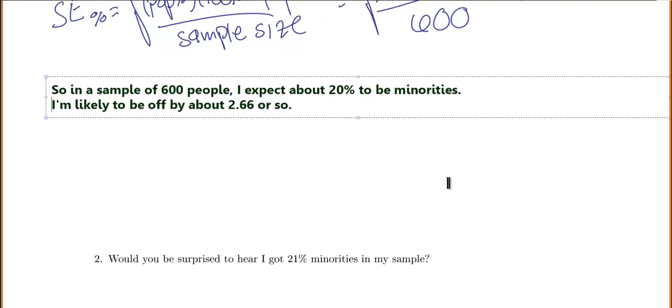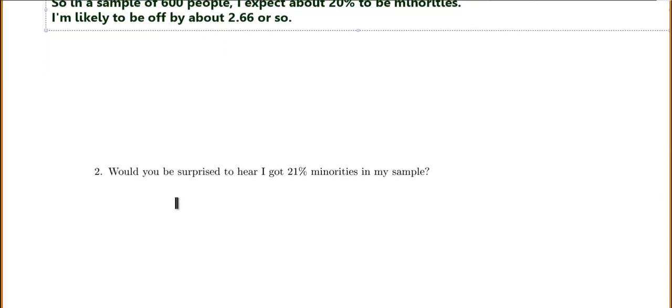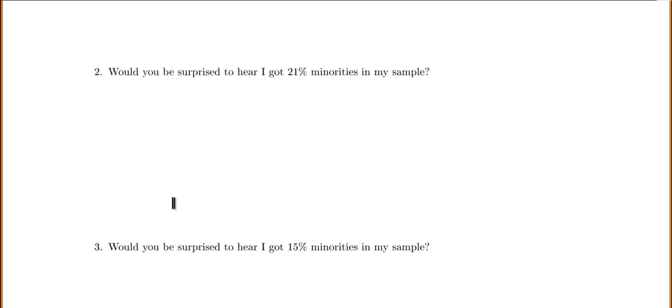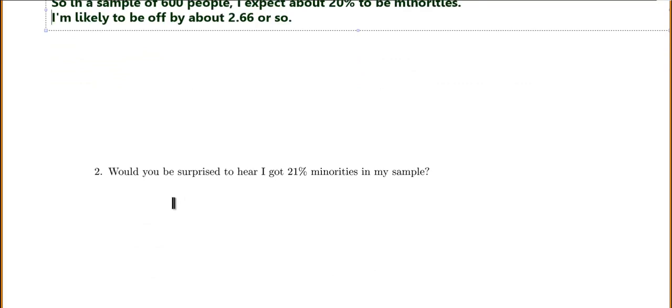So number 2, would you be surprised to hear that I got 21% minorities in my sample? So I expected to be about 20%, so would you be surprised to hear that I got 21%? So remember the rules. Maybe we'll write them up here.